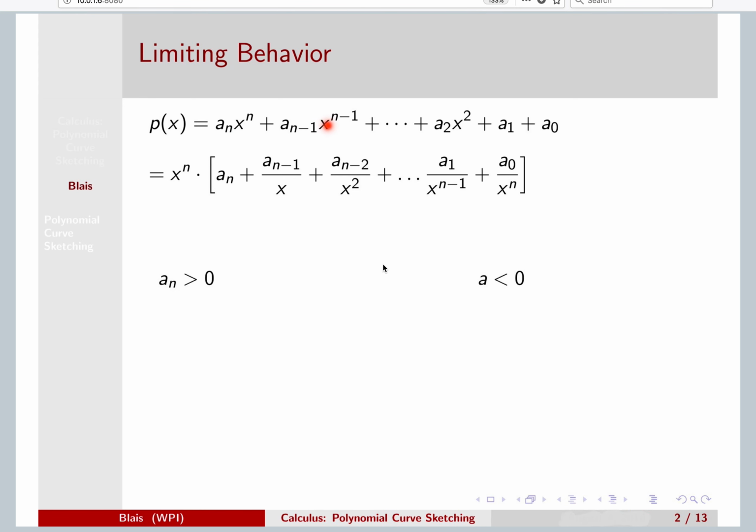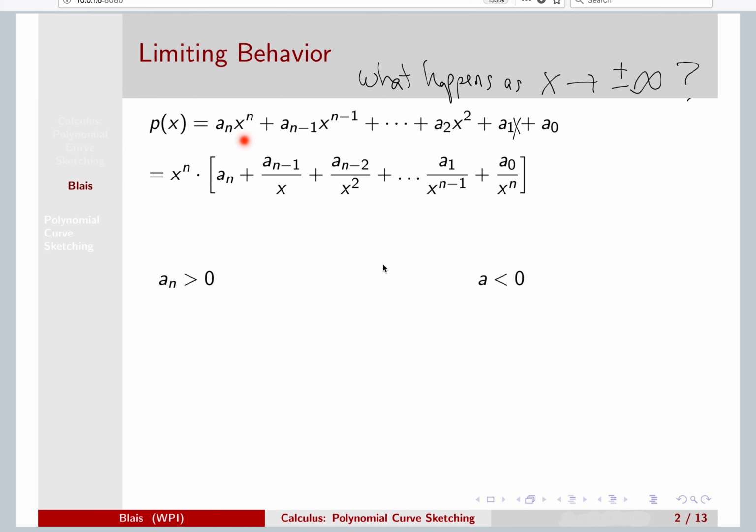Highest power, the second highest is n minus 1, down to 2, and then we should have an x here. Power is 1 and power is 0. And the question is, what's happening as x approaches both infinity and minus infinity?